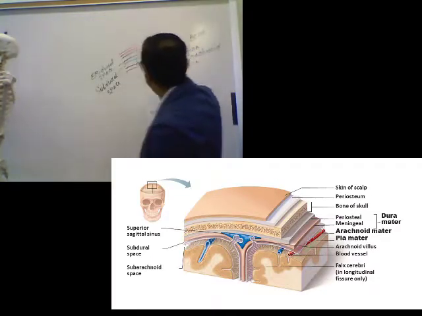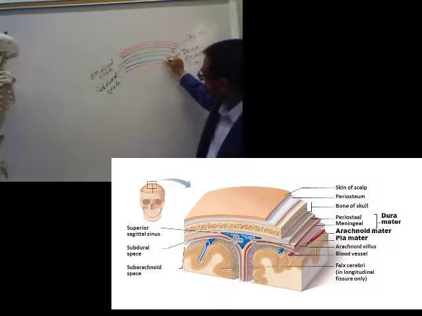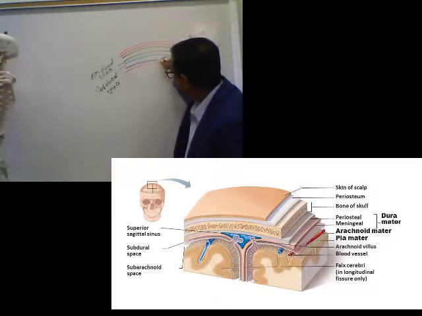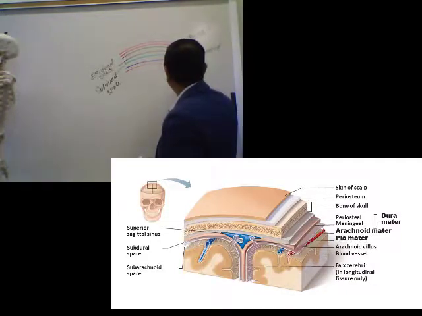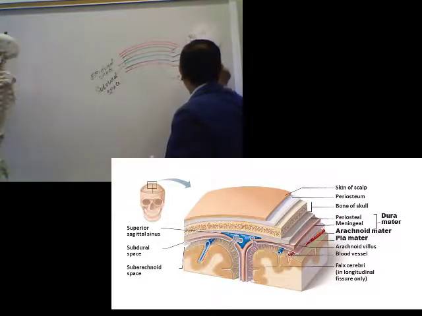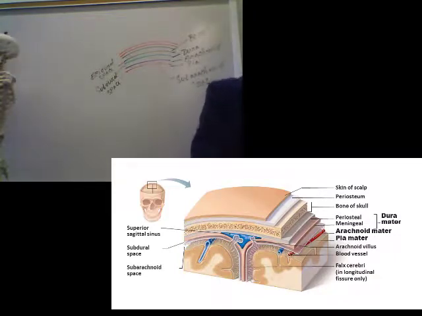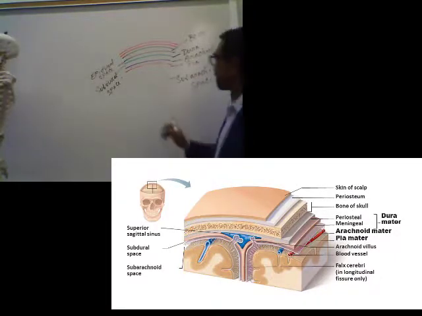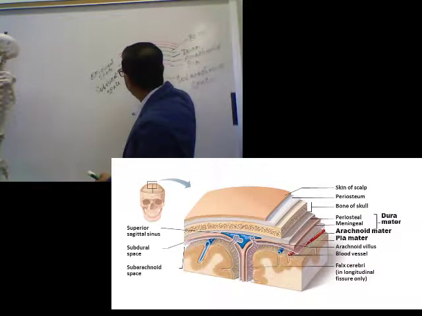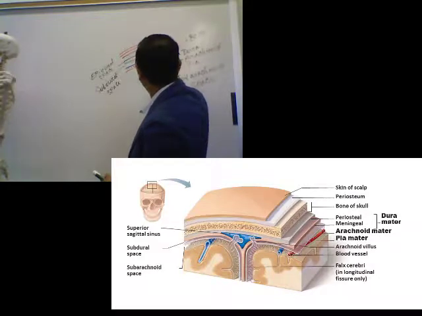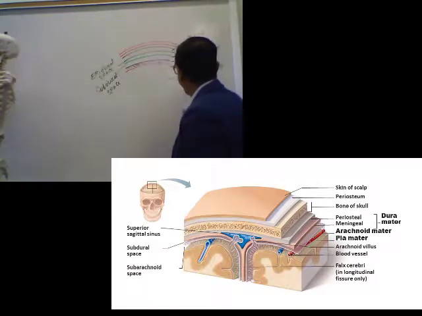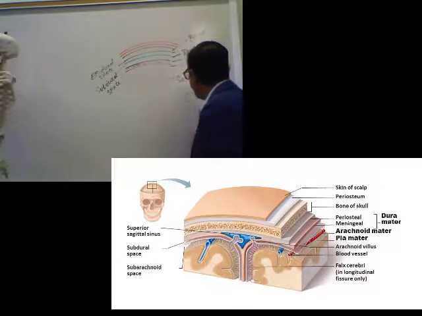And then under the arachnoid mater, this space, you see here, is called the subarachnoid space. Now, the subarachnoid space is very important. Why? Because a fluid is present in the subarachnoid space. That fluid is called the cerebrospinal fluid, or CSF.